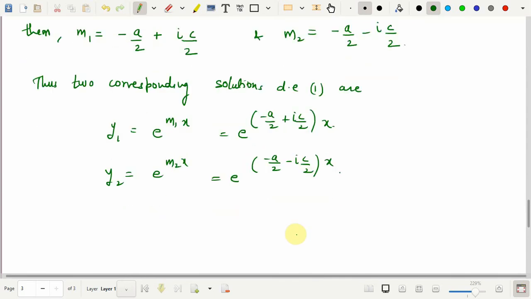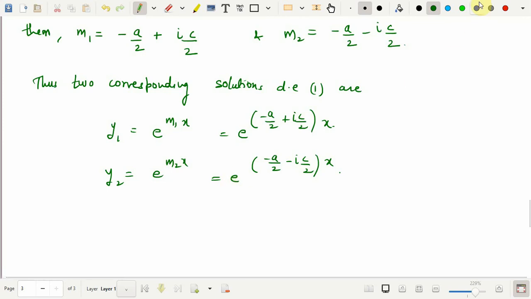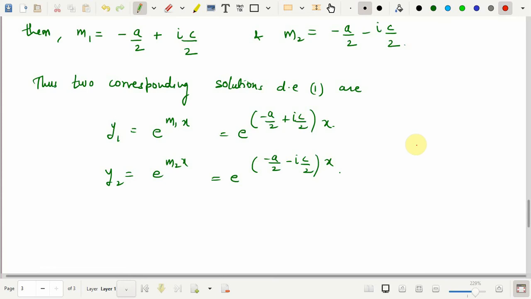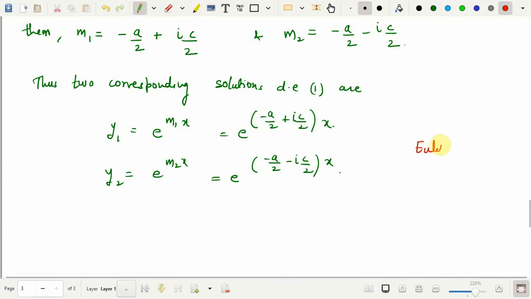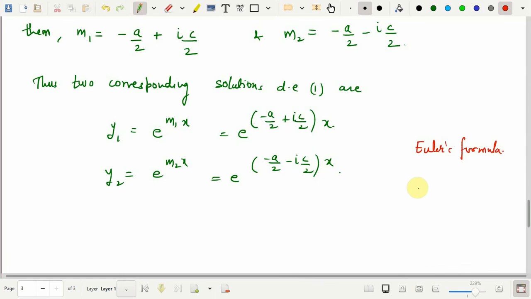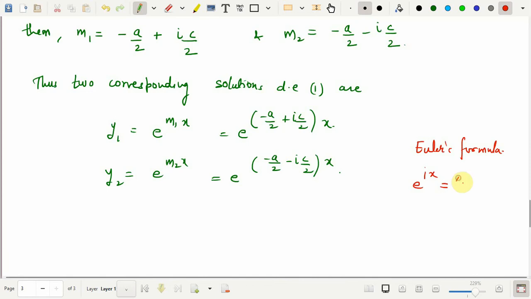So now, because this has a complex term, I'll be using Euler's formula. I hope everyone knows this formula, which says that e raised to ix is the same as cos x plus i times sin x.